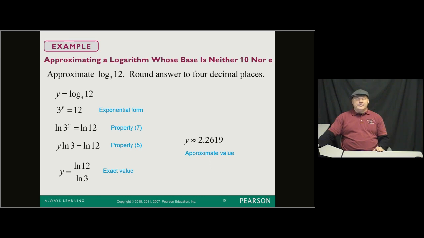Do I need to do that? It's good for tests if you have time, just to keep you from making a silly mistake. Try that number in there and see if you get a number very, very close to 12. And if you do, you're pretty confident. And confidence is key on tests. You've got to be confident.